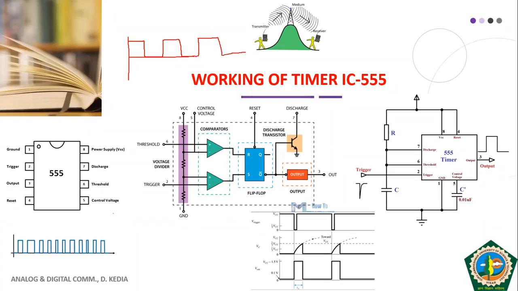If your IC 555 works in astable mode, this is what we get. It has both states, high and low, which are unstable. It has the high state for some time, then switches to the low state, then again switches to the high state, then again to the low state. Both states are unstable, and your circuit keeps shifting from one state to another. This is an astable multivibrator.